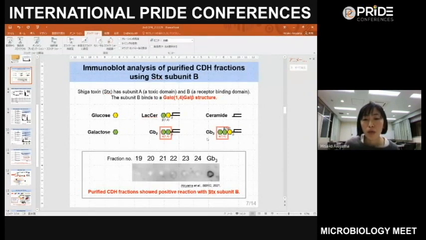GB2 and GB3 both have this structure at the terminal of their oligosaccharide chain. This is a result, and purified CDH fractions show a positive reaction with shigatoxin subunit B. This indicates that in the purified fractions, there might be compounds with this structure.